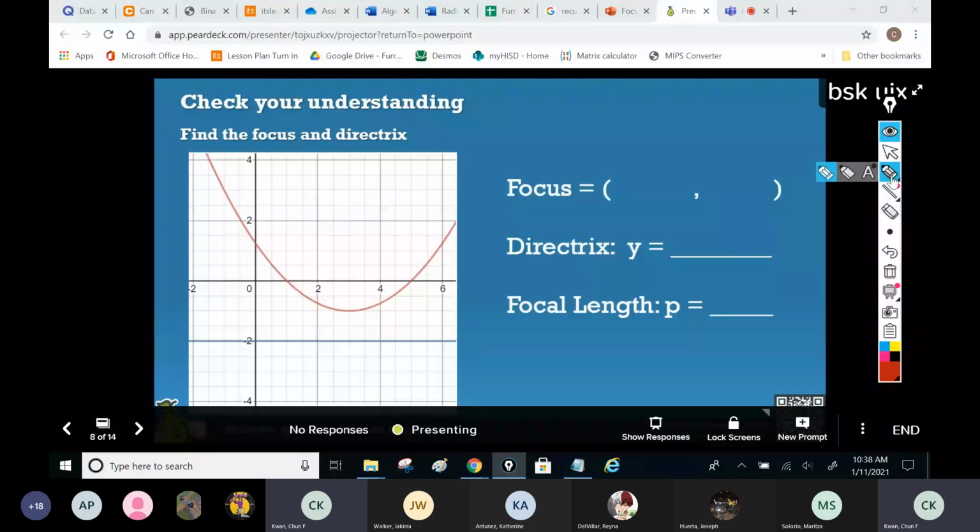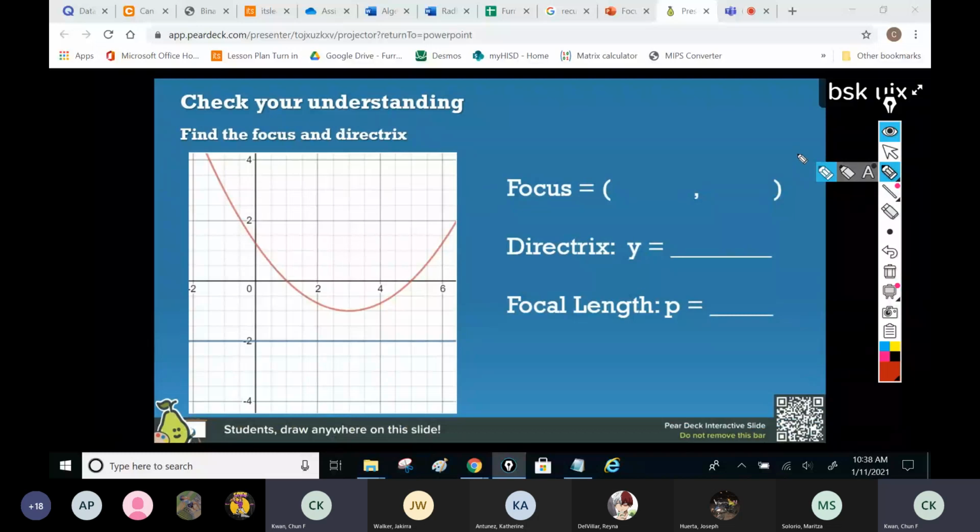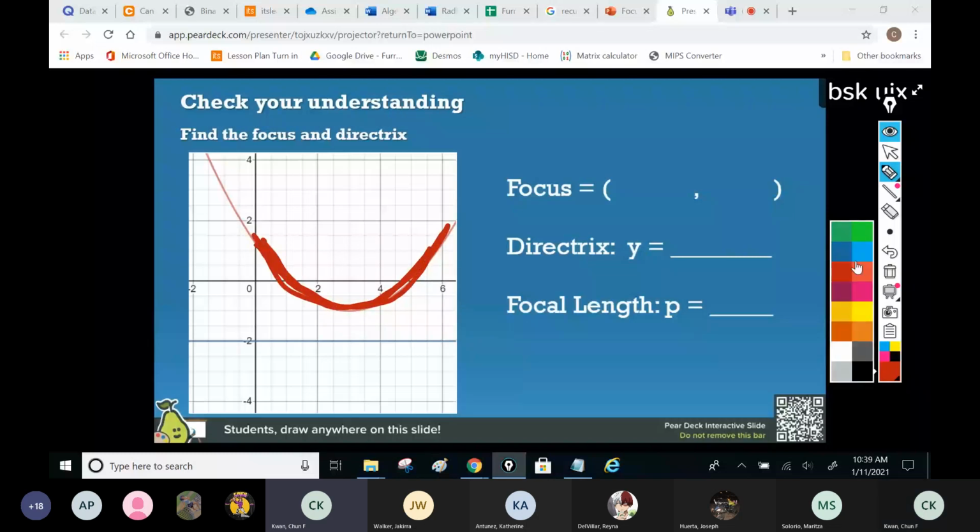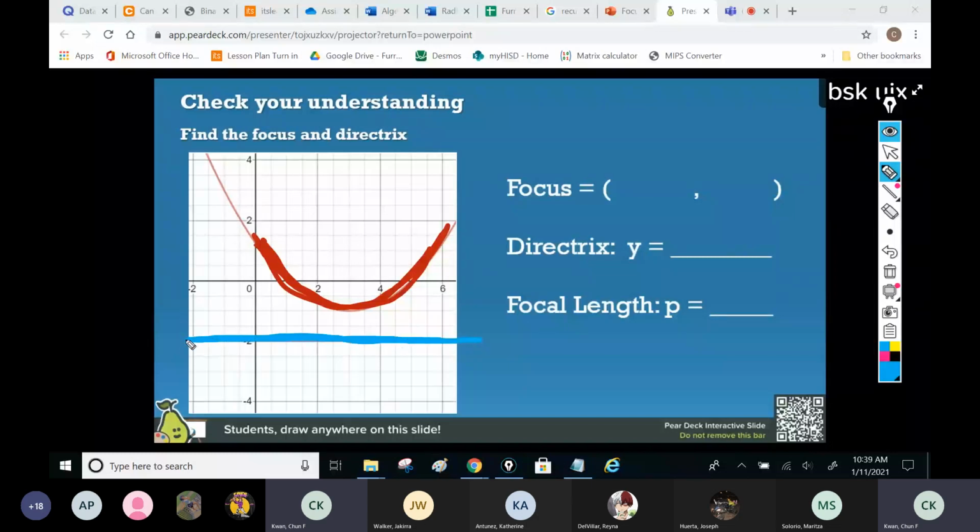All right, now I want you guys to give it a try. So check your understanding. I want you to find the focus and the directrix. I'm giving you the graph right here. The line is right here. I'm also giving you the directrix, which is right here.